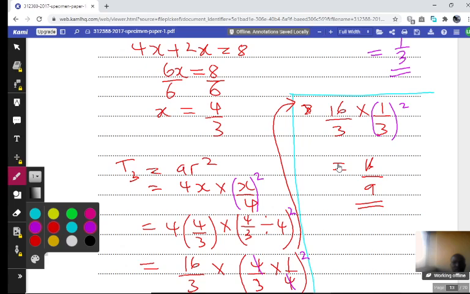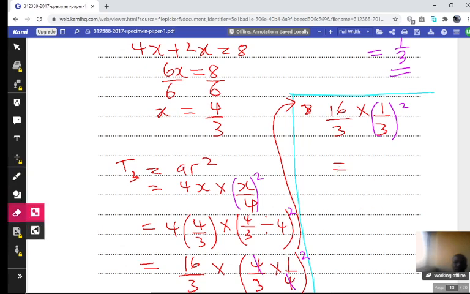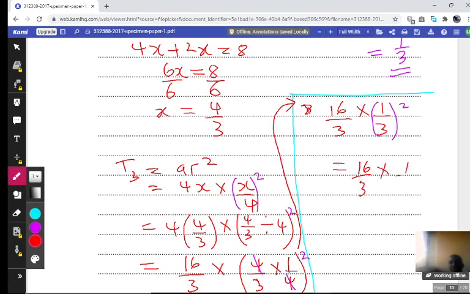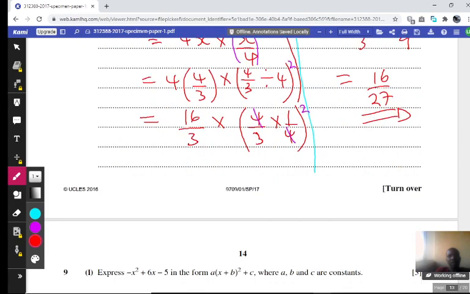Let me write the correct thing here. It will be 16 over 3 times 1 over 9, which equals 16 over 27. So this will be the final answer. Sorry for that error. It's r squared actually.